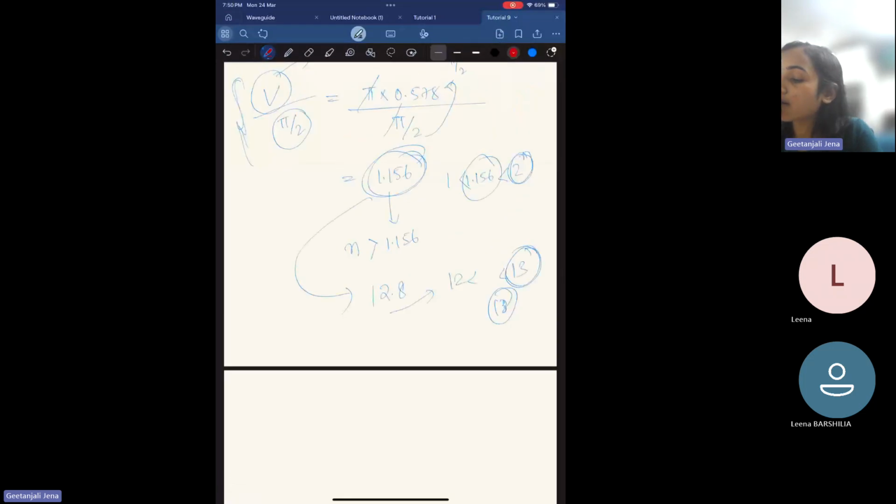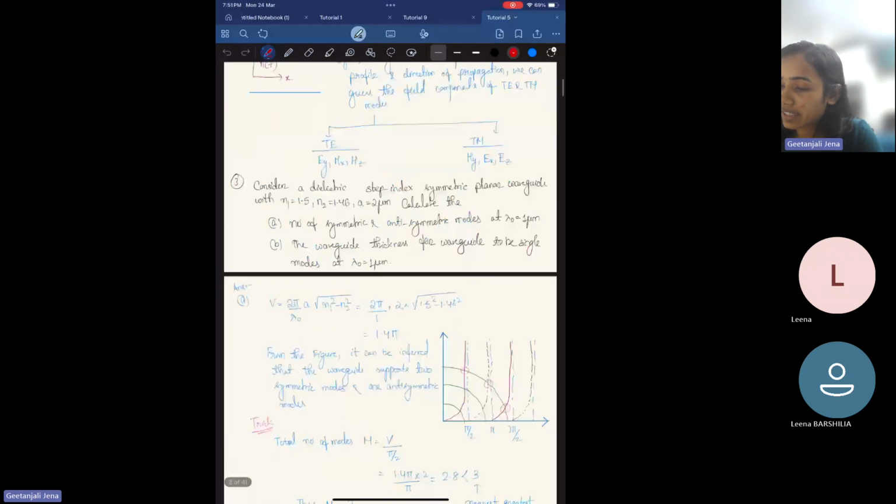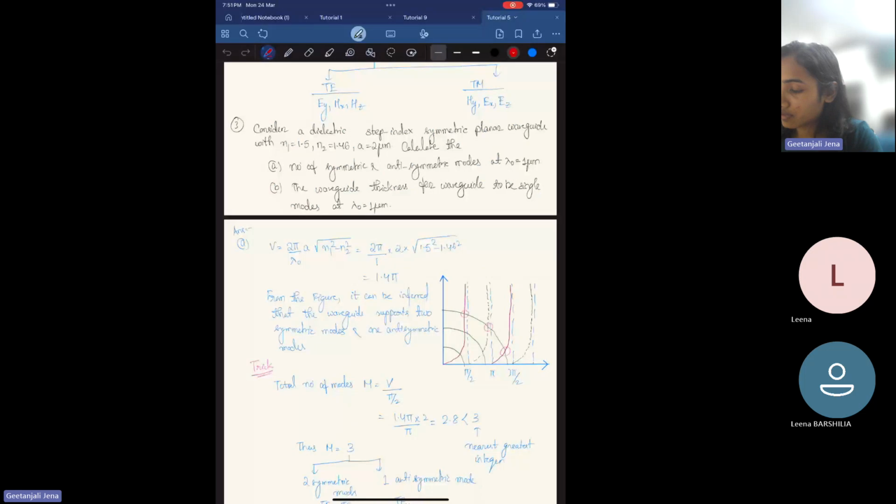So, one thing, I do have it, I think, in the second tutorial. The second tutorial is based on the planar waveguide. So let me take this graph.